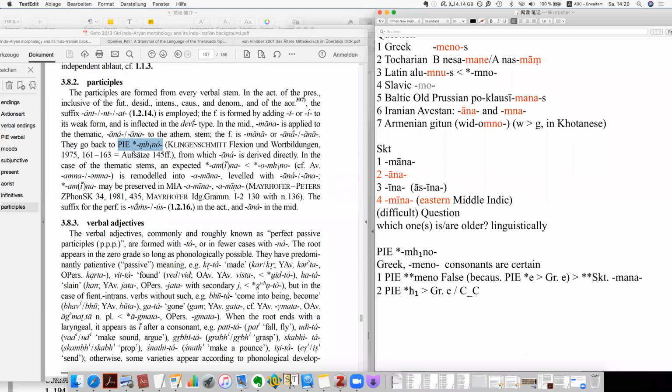So H1 between consonants turns into an e in Greek. So this is the second possibility, and this possibility is actually the correct one.